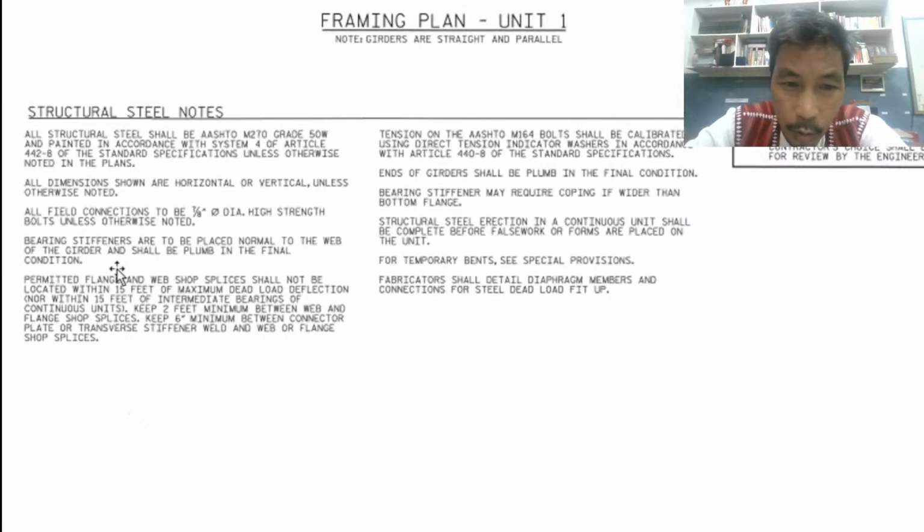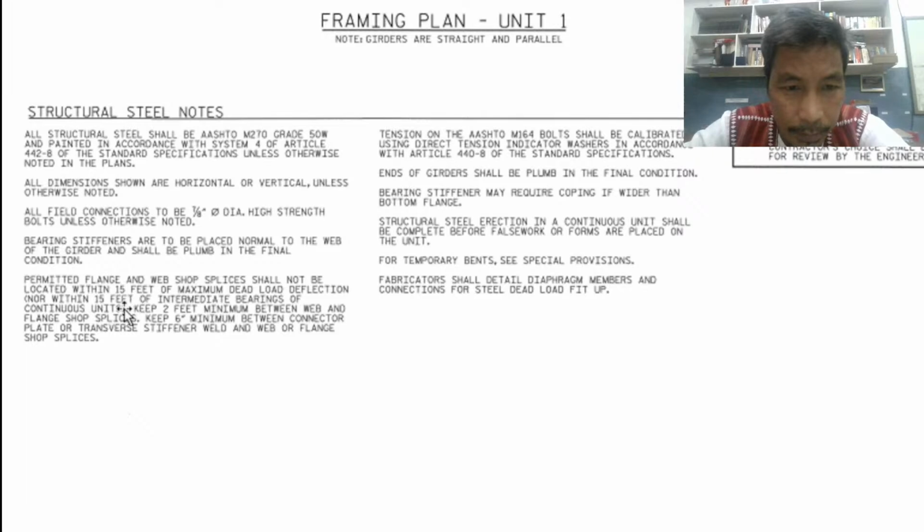So perpendicular to the web of the girder and shall be plumb in the final condition. What do we mean by plumb? In the local dialect, plumb is pahulog. Meaning, it must be aligned perfectly in a vertical orientation.